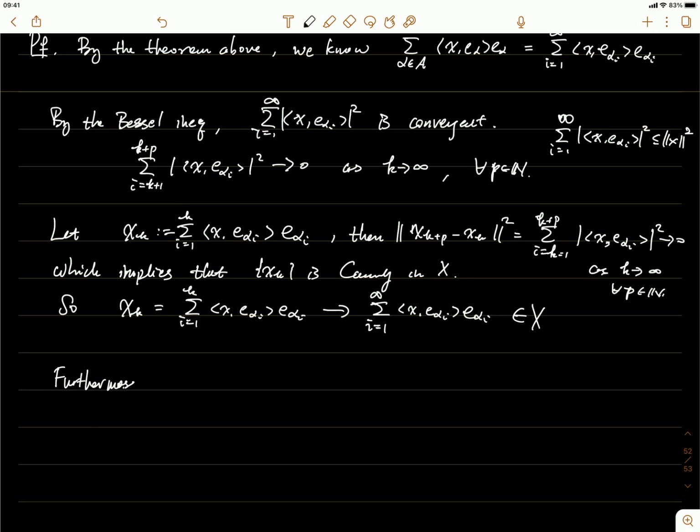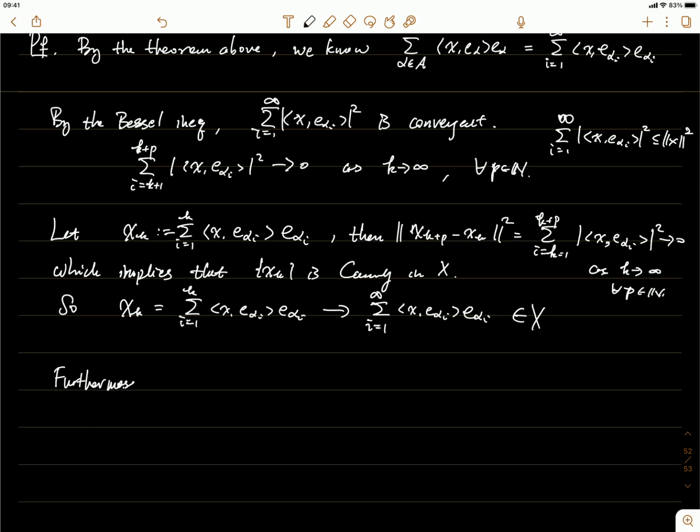Let's look at the inner product of this and this sum. We know this is going to be 0 because this is a linear combination of the e alpha i's using the orthonormal set. And these are the coefficients we had, the Fourier coefficients. When we take the inner product of this, we'll be able to show that this is equal to 0.